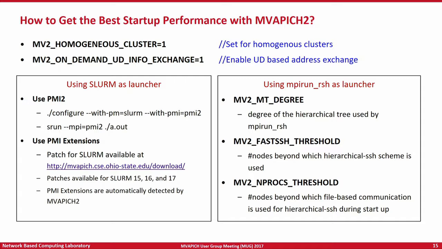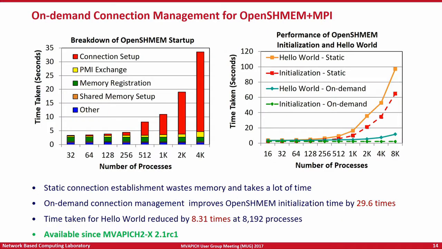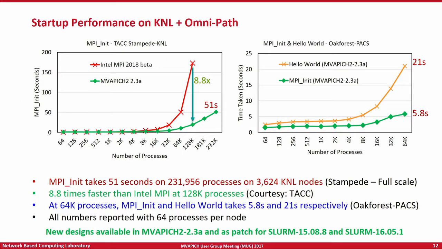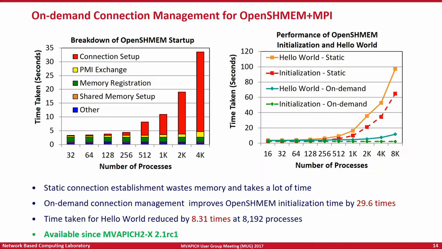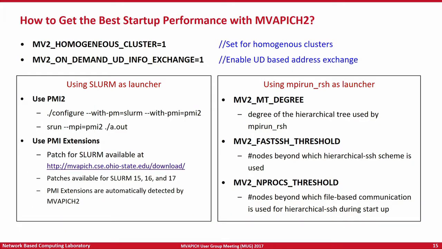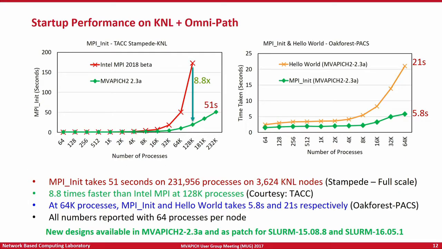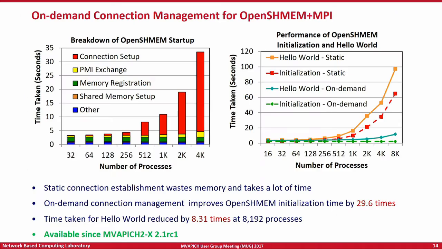So this degree determines the degree of the job launch tree for mpirun_rsh. So similarly, there are lots of performance tuning options here that you can try to do on your own systems to see what performs best. So give these variables a shot if you end up having, say, job startup issues on your cluster, and see if any of these variables do help.